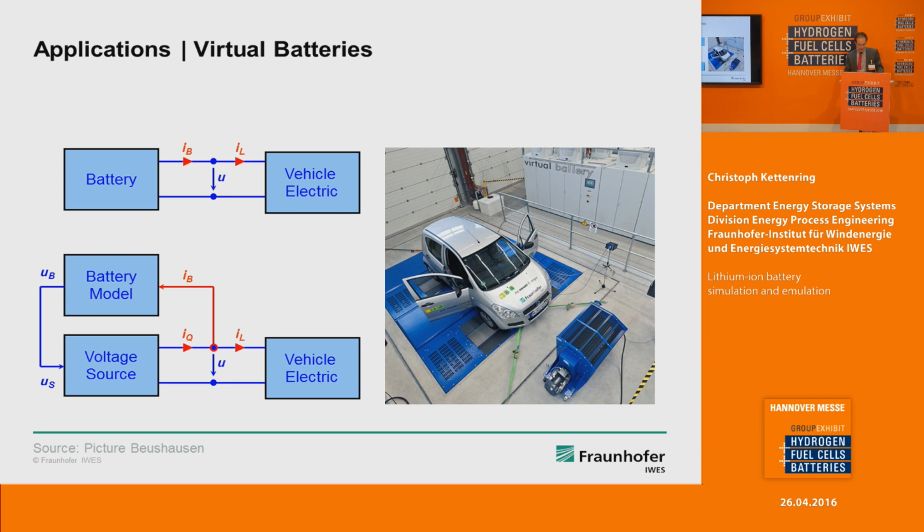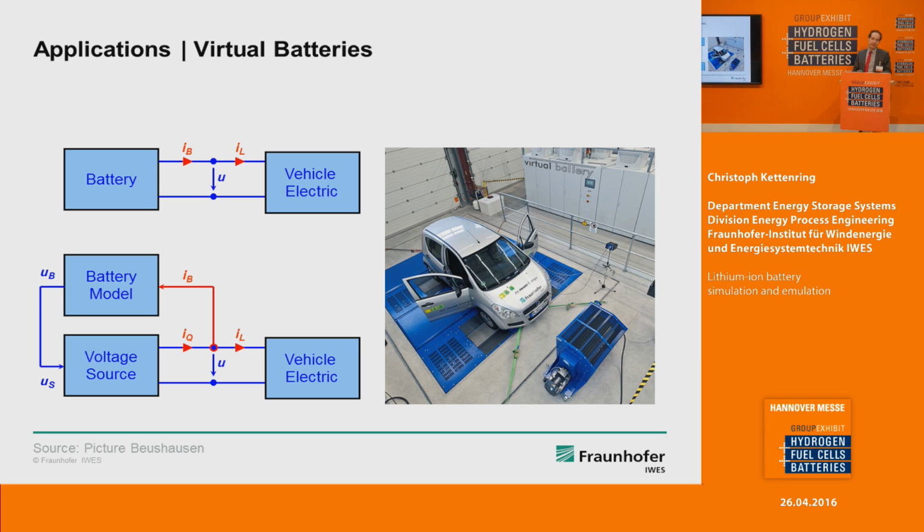Normally, we have the battery in an electric vehicle, and we can drive with this vehicle, but we have no view into the battery pack. Yet we can take our battery simulation, connect the real-time simulation to a voltage source, and we get the current and the voltage as an output.